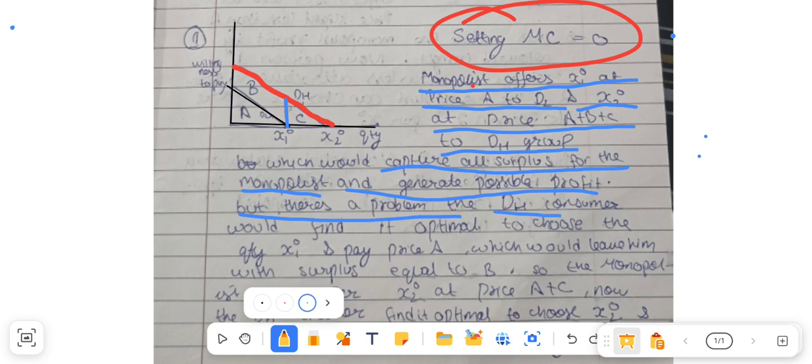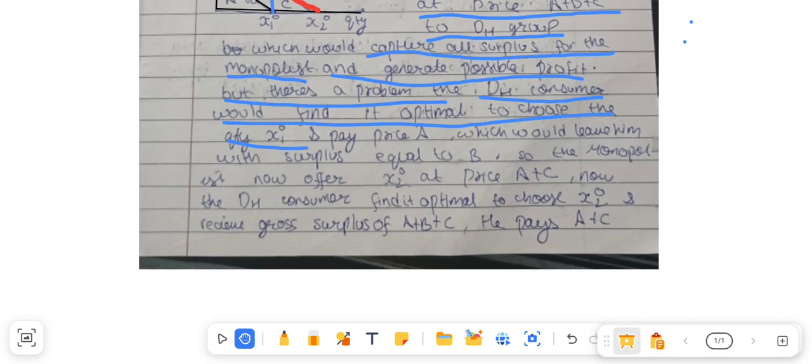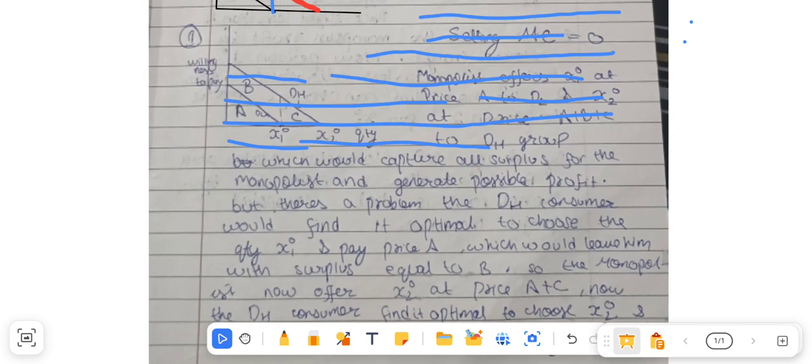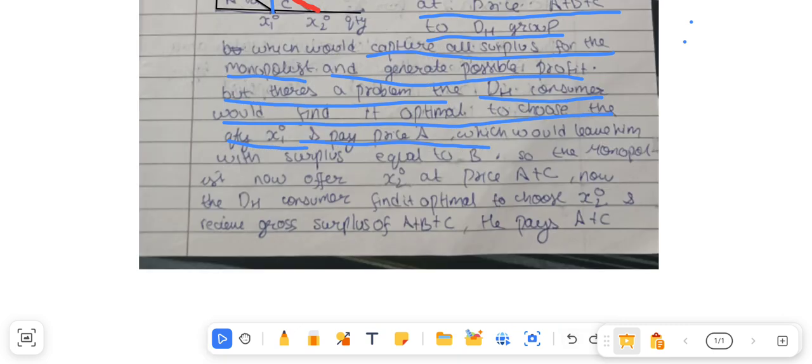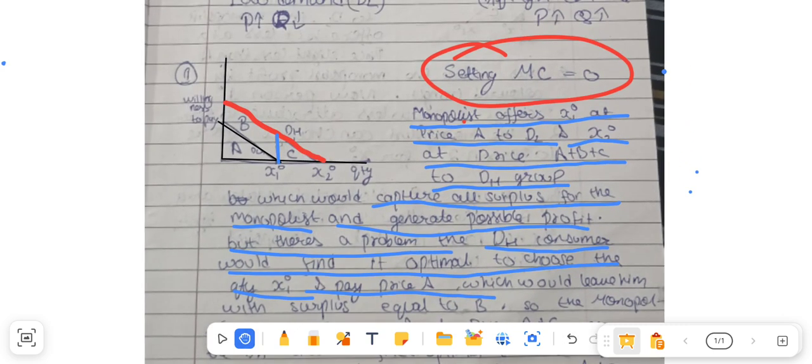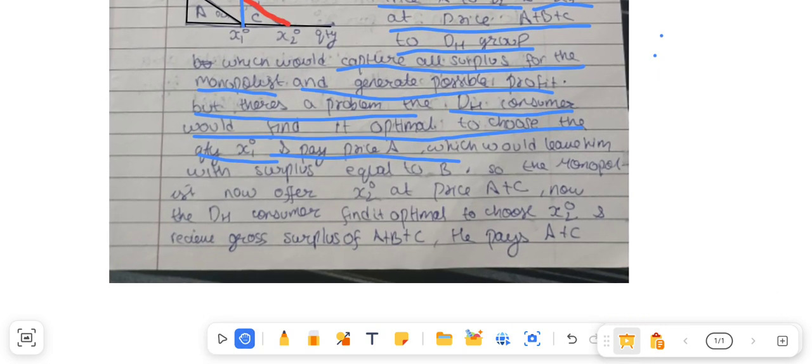Suppose the high demand consumer would find it optimal to choose the quantity x1 and pay the price A, which would then leave them with a surplus equal to B.